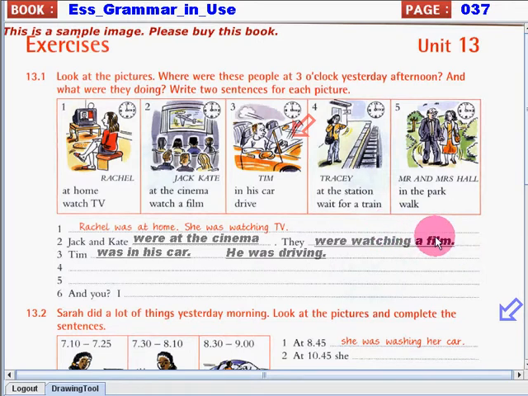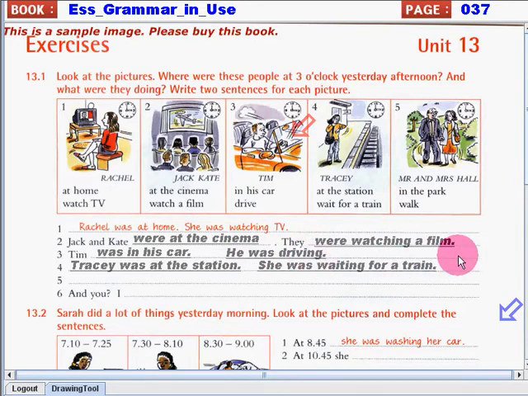Next number 4. Tracy. At the station, wait for a train. What is our first sentence for Tracy? So, of course, Tracy was at the station. What was she doing at the station? Of course, she was waiting for a train at 3 o'clock yesterday afternoon.